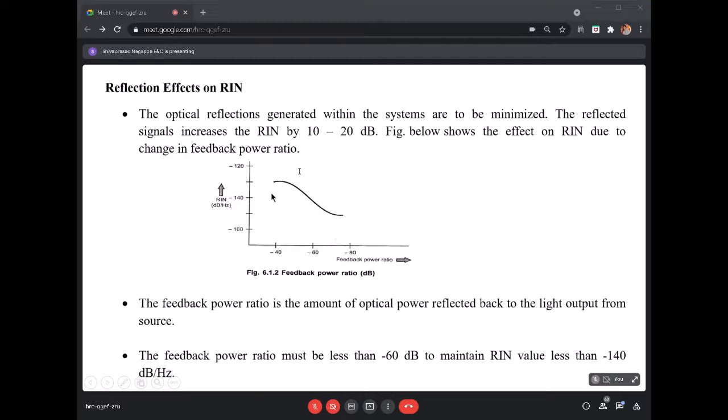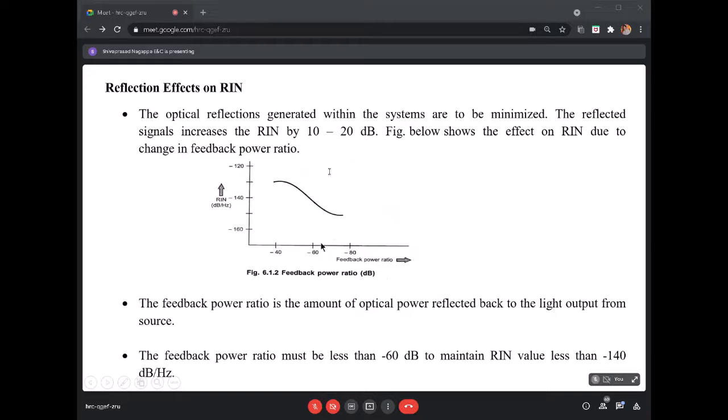Here you can see how it changes as the feedback power ratio increases.